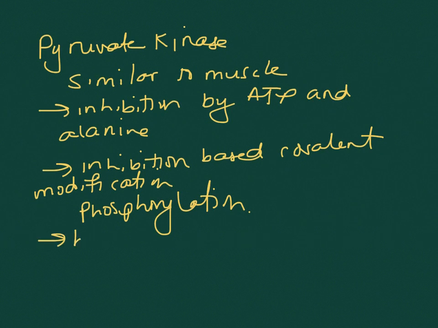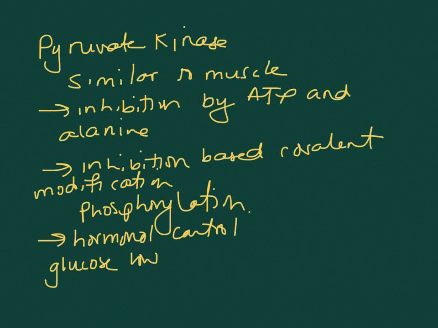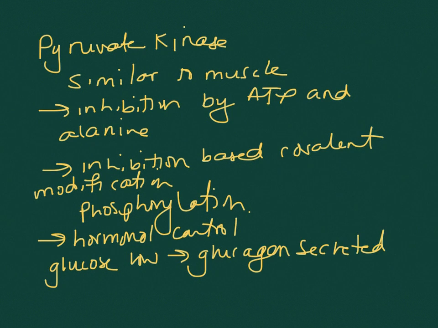And this is done under hormonal control, so that when glucose is low, glucagon is secreted and the enzyme is phosphorylated, which is going to decrease its activity.